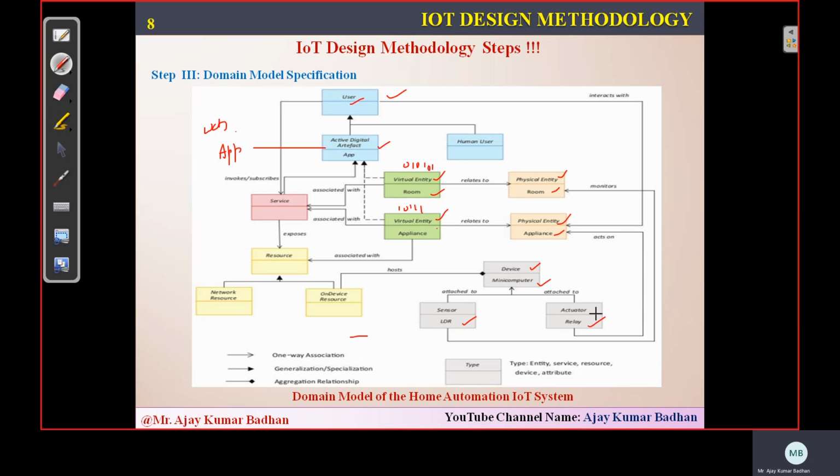Whenever you want to switch off a particular bulb, we automatically use actuators, and these actuators will stop the electricity passing to that bulb. Whenever you turn it on, the actuator will pass the electricity to that bulb. So these are the two components we are using, and the device here is the main mini computer, which handles the light sensor and the actuator.